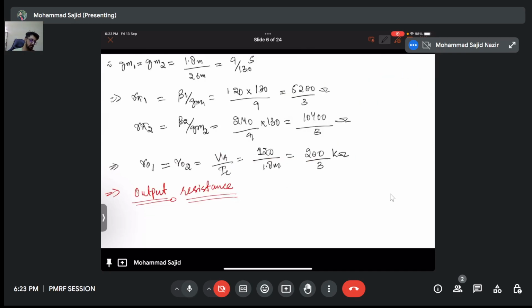So let's do the nodal analysis at the output node. So we will have the current through r02, plus the transistor current, that is gm2 Vπ2, and it will be equivalent to Ix.